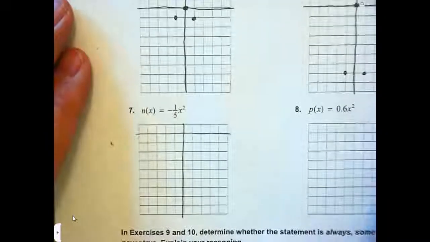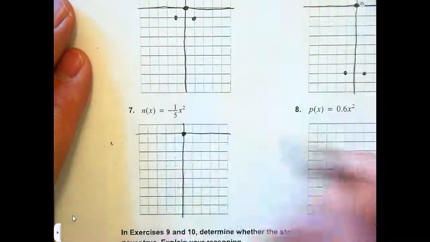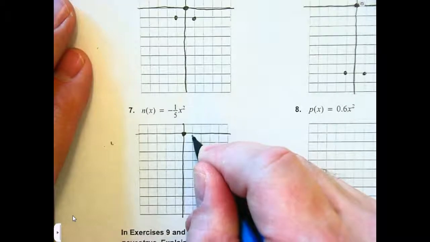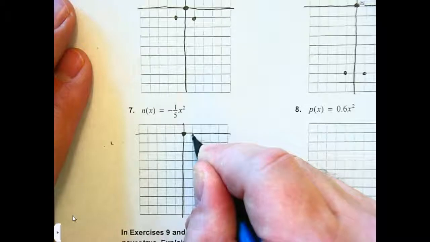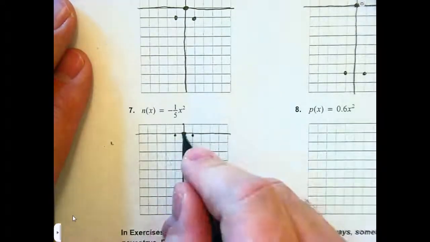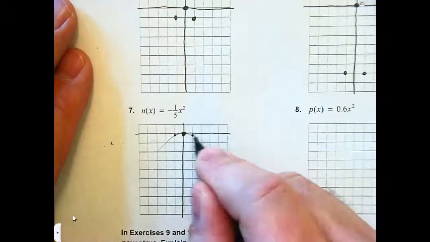Vertex. 0, 0. Now tell your neighbor where your first point would be. 1, negative 1/5, like right there. So that's why it starts getting so wide. Your graph starts doing this. It gets really wide.